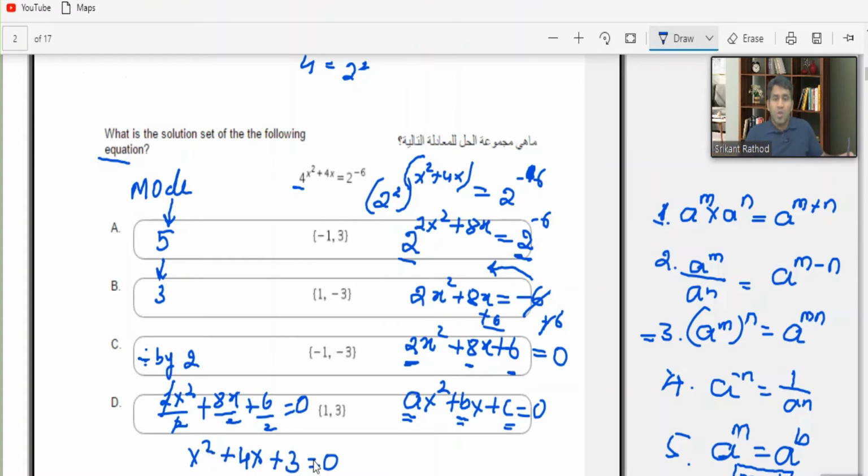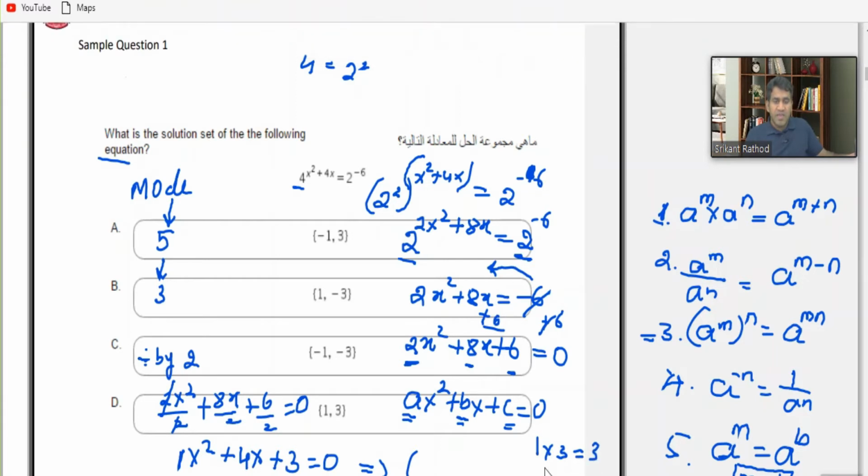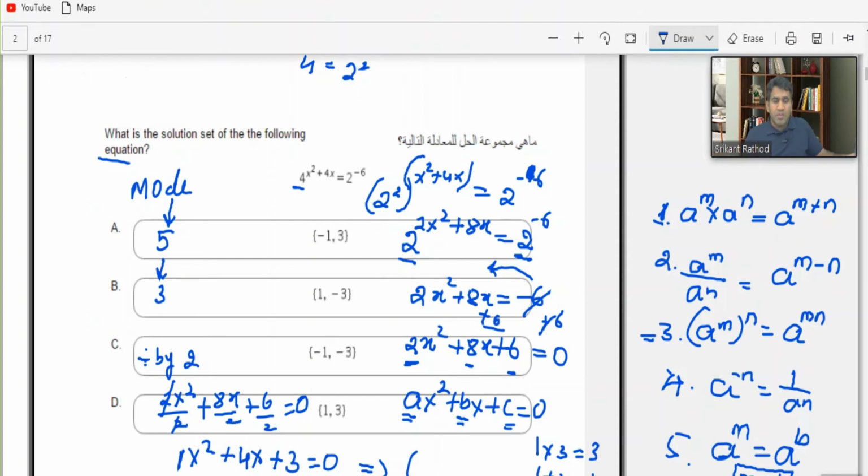So now I can split the middle term. I can write the factors of this expression, and how do you decide? The coefficient of x square will be multiplied with the constant term, that is 1 times 3. 1 times 3 gives you 3, but when you add them, 1 plus 3, you should get the number 4.